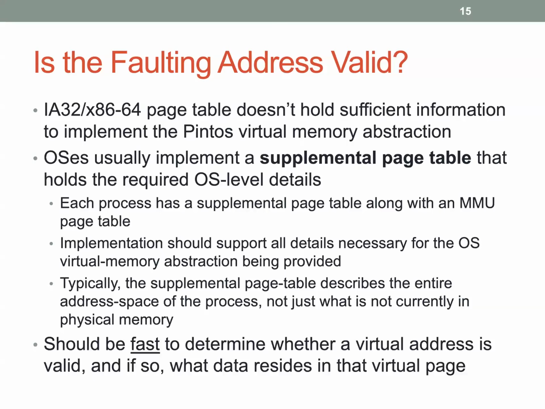And so this is why the design guidance is to use a hash table to represent the supplemental page table, hashed on the virtual page number, not the physical page number, because that will change. Or you could use the starting virtual address of the virtual page in the address space if you wanted to. I mean, they're going to be the same, just one has more zeros than the other.